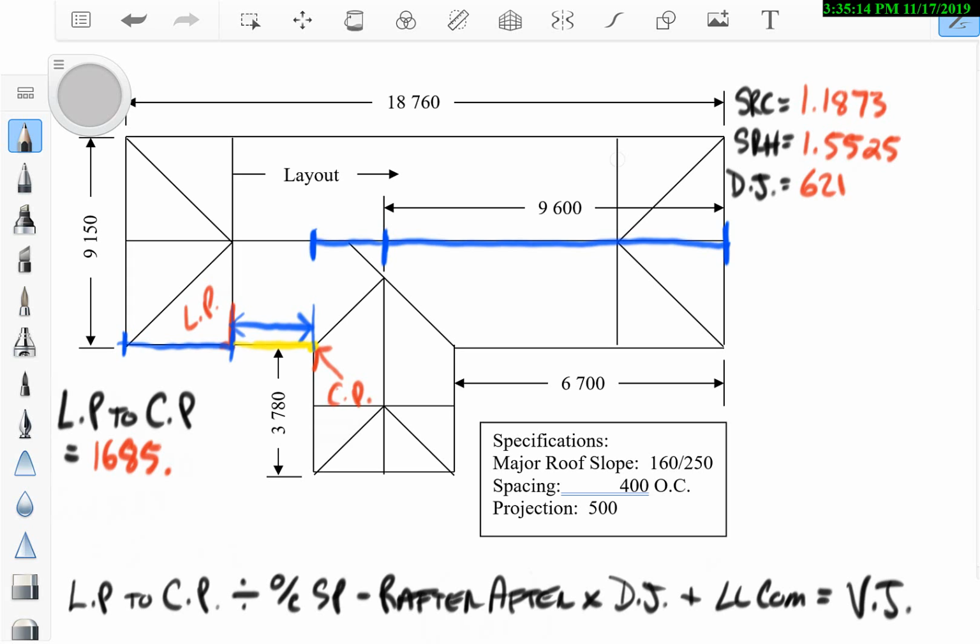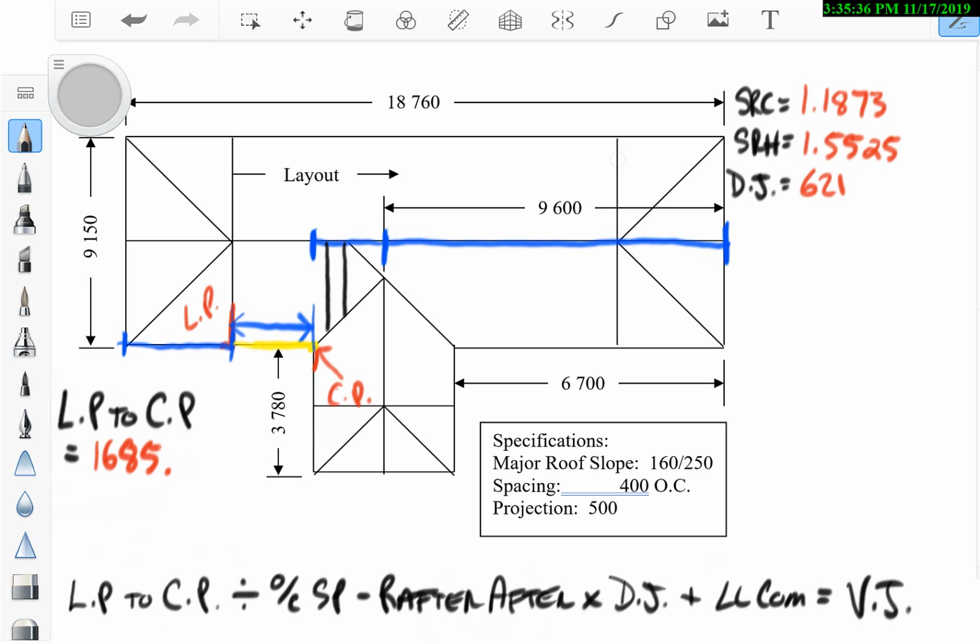Now down below, I have a little formula that we use to calculate. The first one we're doing here is asking for the second major valley jack. So let's go ahead and draw a couple of valley jacks on. Let's say this is the first one, and that's the second one, our second major valley jack. First we have to determine how many spacings we have. So we take our 1685, which is our layout point to change point.